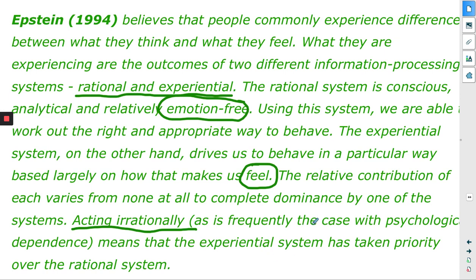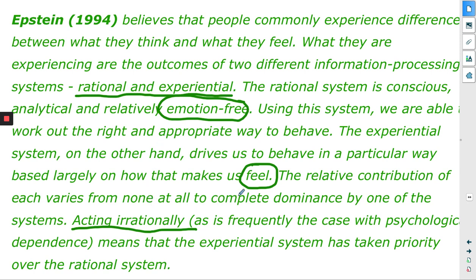So maybe I am feeling as if I'm a failure and I can't do anything positive, and so turning to another drink to make me feel better might kick in, and now suddenly my rational side is turning off.